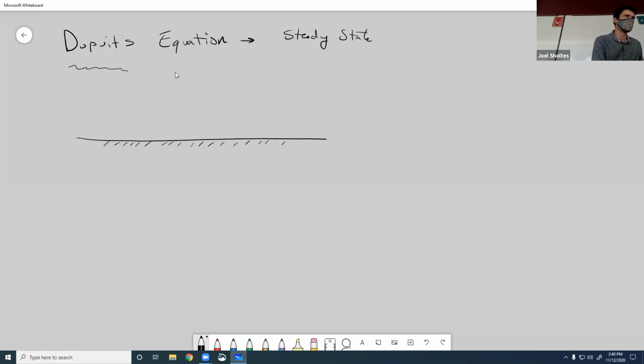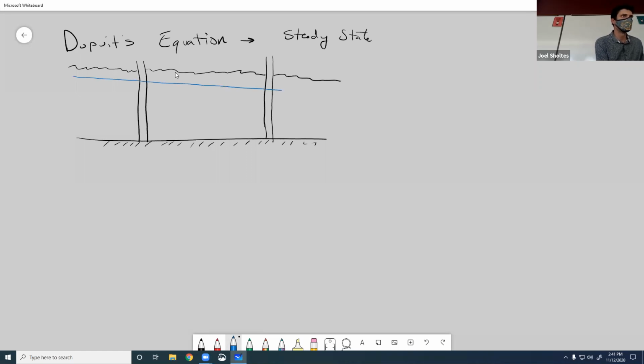So here's our ground surface. We'll have one well, then we'll have another well. I have our water table, and the water table is going to be sloped like this.